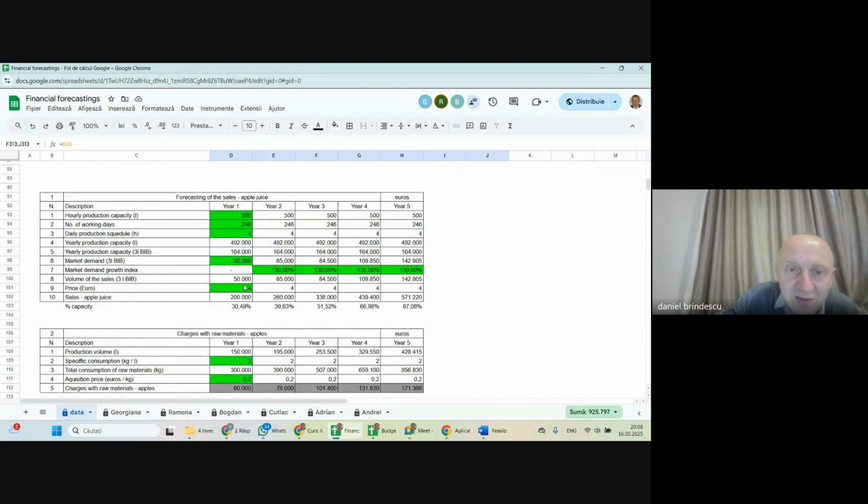It's a hypothesis that I would be able to sell the 3-liter box of apple juice for €4. As we were seeing before when we did the forecasting, it might be that it's something that I just dreamed last night, so not based on anything. It might be based on prices that I can see right now on the market.